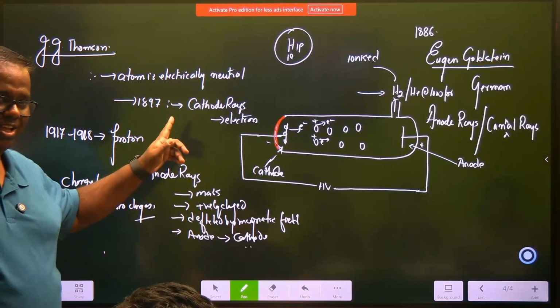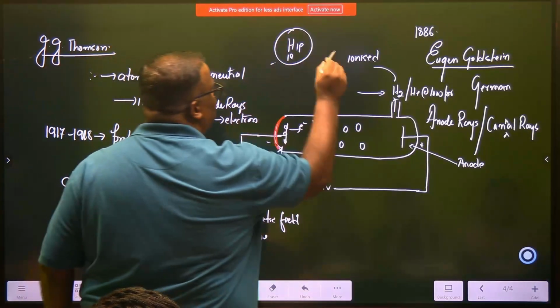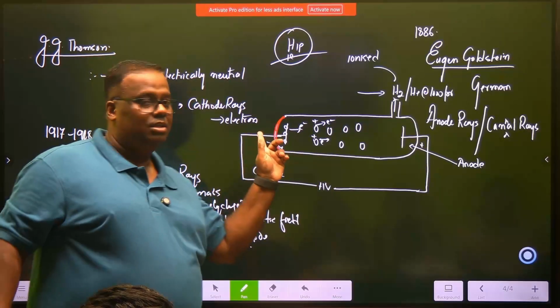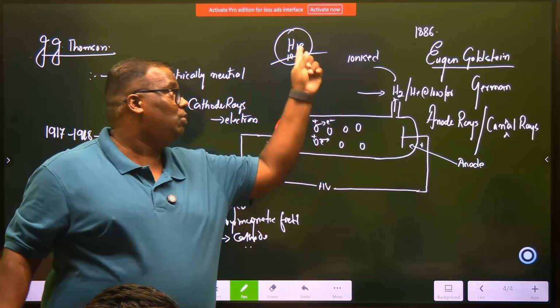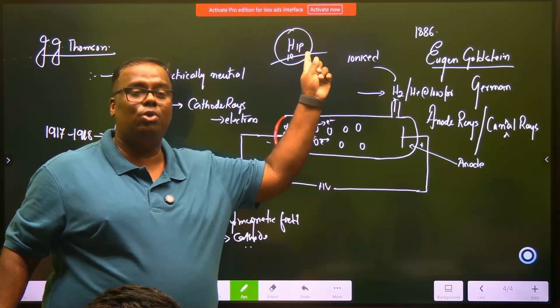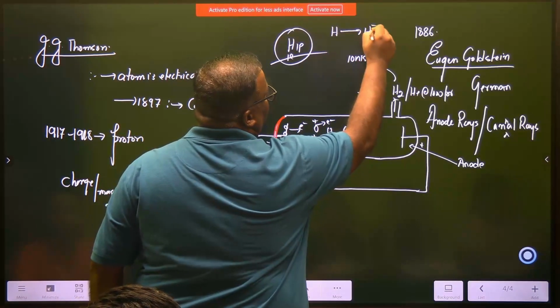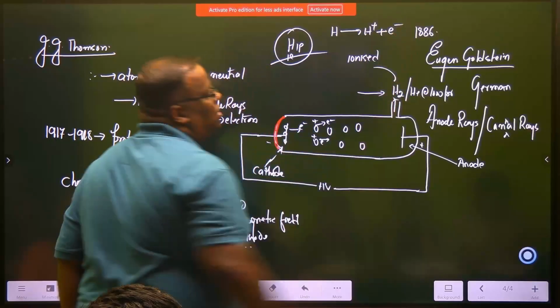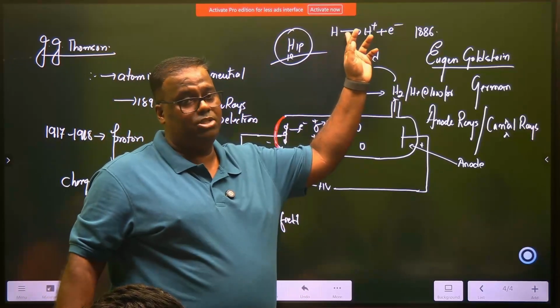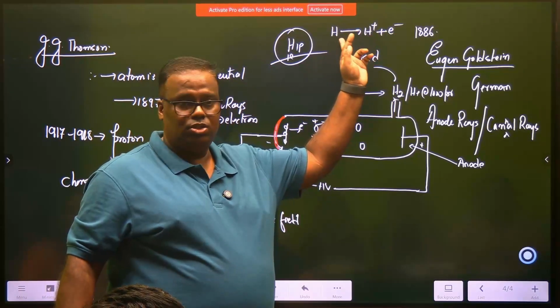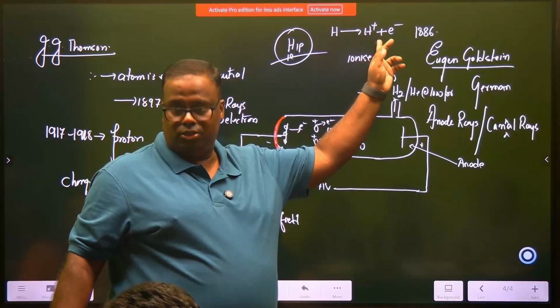Very interesting. If you strike out this electron with a cathode ray electron, what is left? One proton. Hydrogen becomes hydrogen ion and loses one electron. In chemistry we never show the negative.